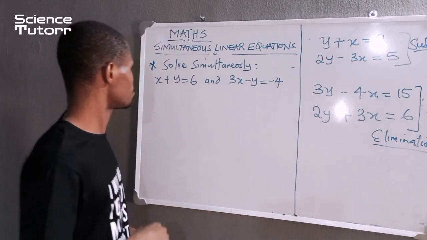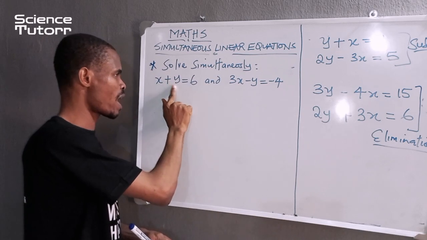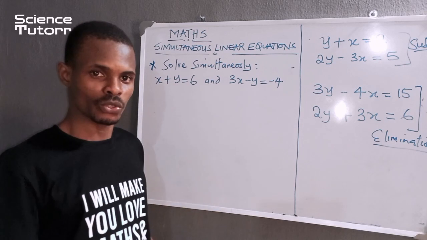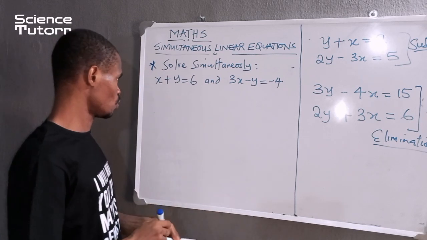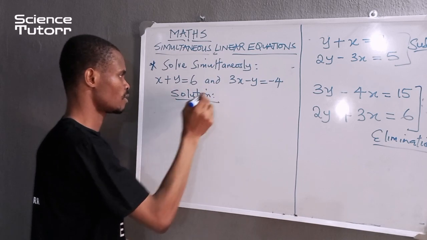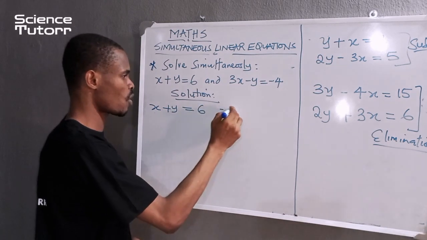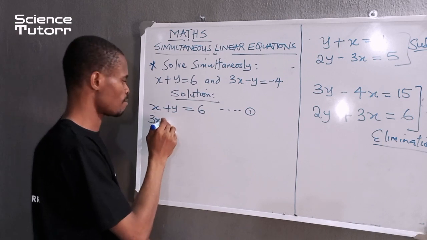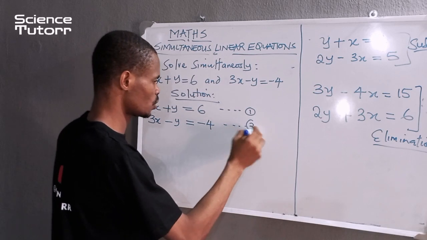Now, like I said before, whenever the coefficient of either x or y in one of the equations is unity, it is preferable to make use of the substitution method. So in this case, we have 1. So how do we solve such an equation? Solution. x plus y is equal to 6. I call this my equation 1. 3x minus y equals minus 4. I call this equation 2.